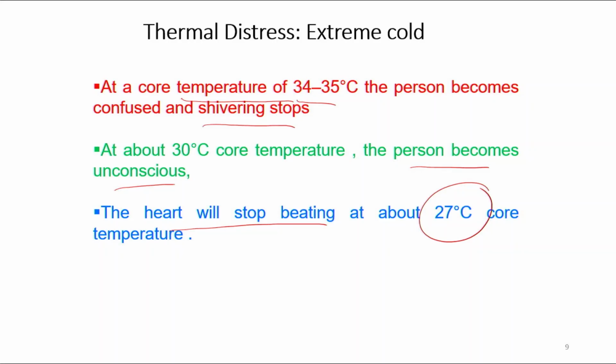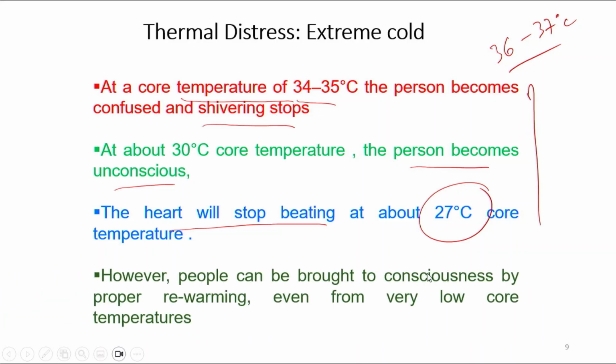We should not reach this situation. We should try to keep our body core temperature at the normal 36 to 37 degrees Celsius. The threat from extreme cold is very high.